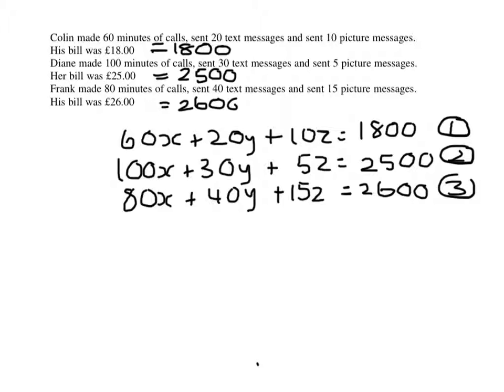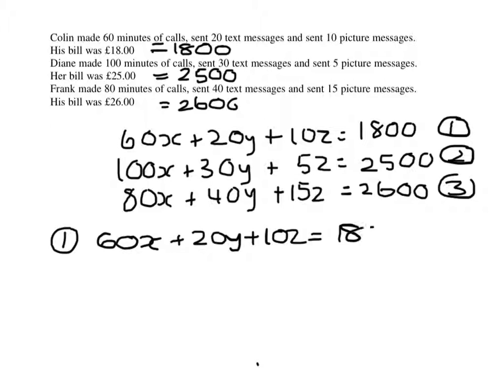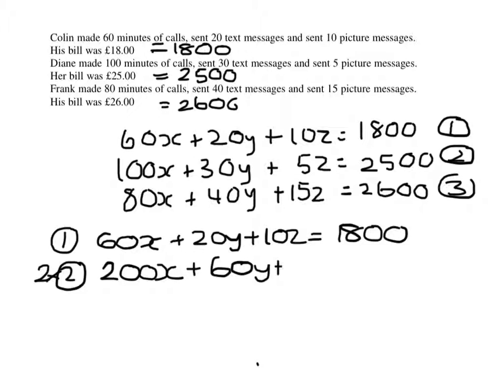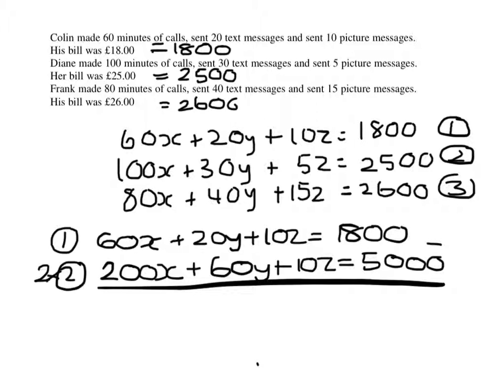So we take equation 1, 60x plus 20y plus 10z equals 1800. I'm going to take 2 times equation 2, so I have 200x plus 60y plus 10z equals 5000. I'm going to subtract these.